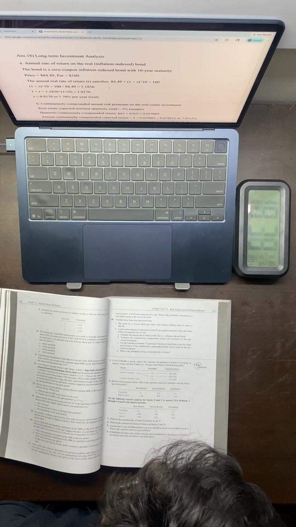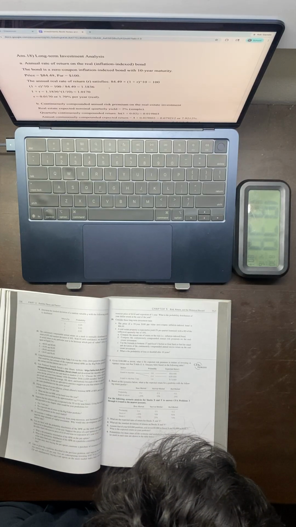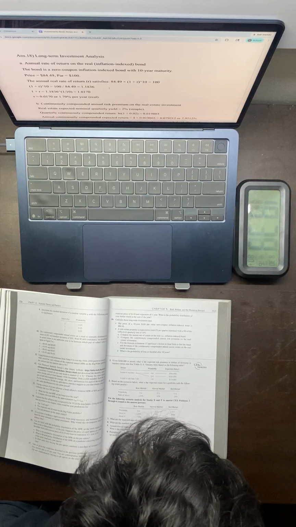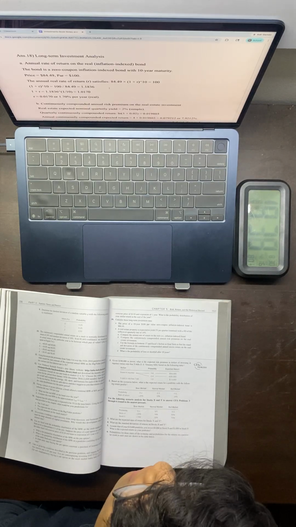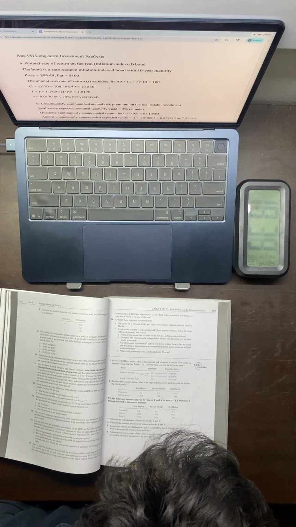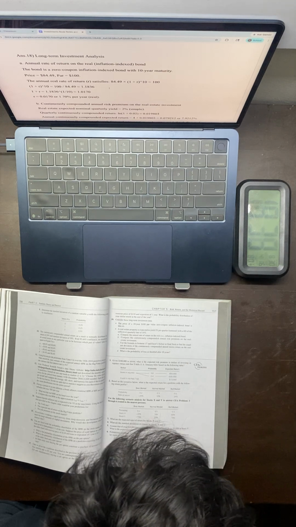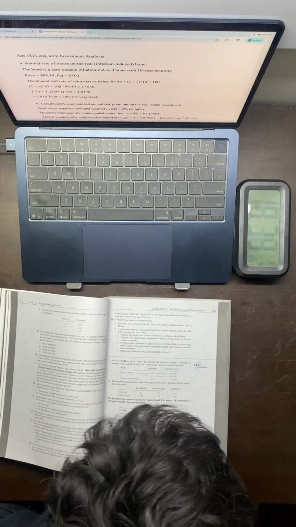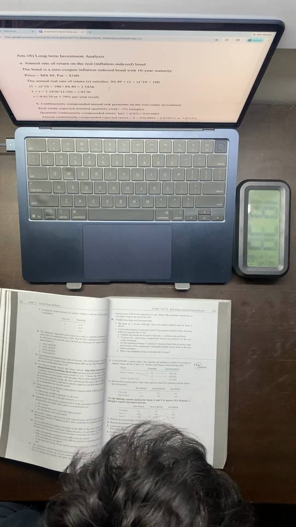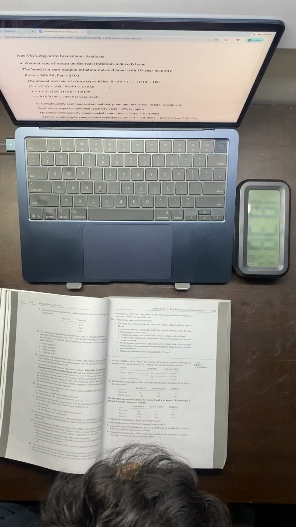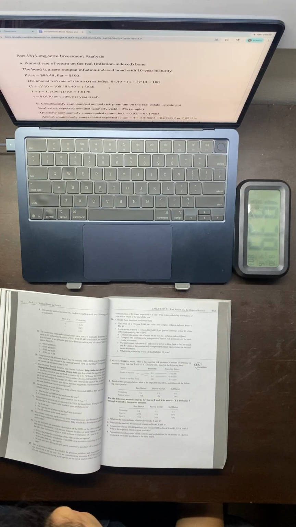Compute the continuously compounded annual risk premium on the real estate investment. Use the formula in footnote 17 and Excel's solver or goal seek to find the standard deviation of the continuously compounded annual excess return on the real estate investment. What is the probability of loss or shortfall after 10 years?